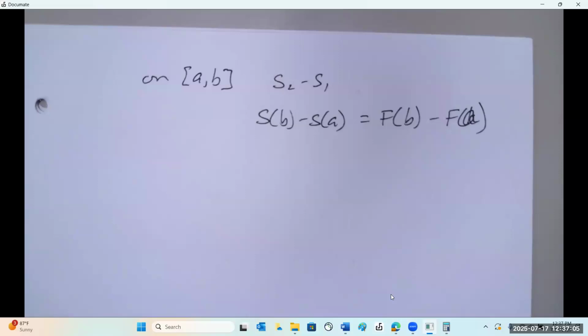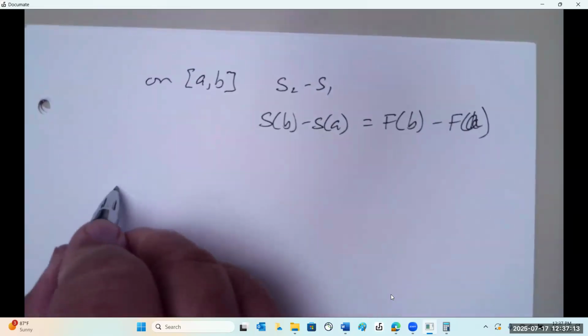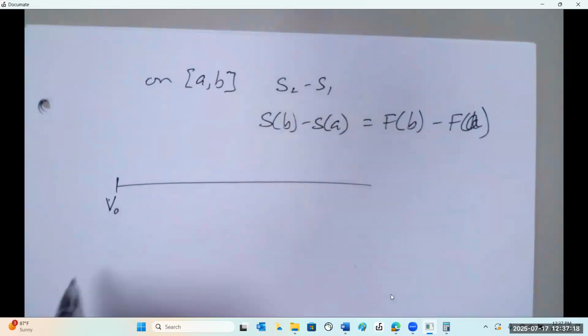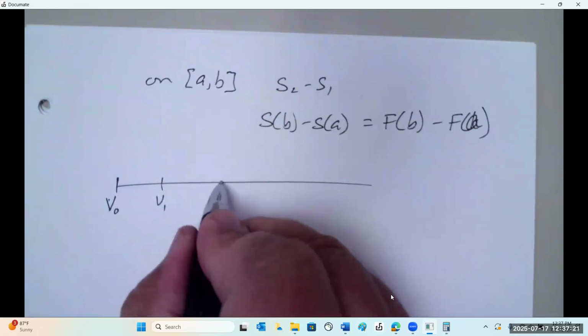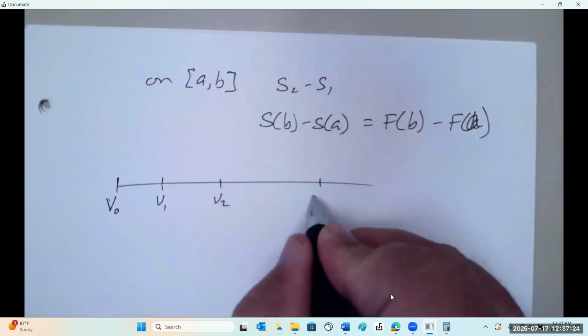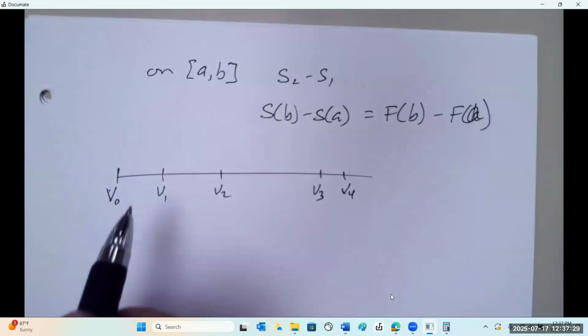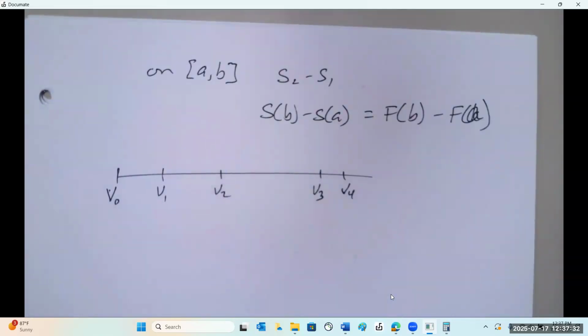Okay, that's all great and good. If velocity was constant, it would be great. But what if from velocity at 0 to velocity at 1 to velocity at 2 to velocity at 3 to velocity at 4, you notice how it doesn't have to remain constant all the time. For example, when you're on the highway, do you always remain the same speed everywhere you go?